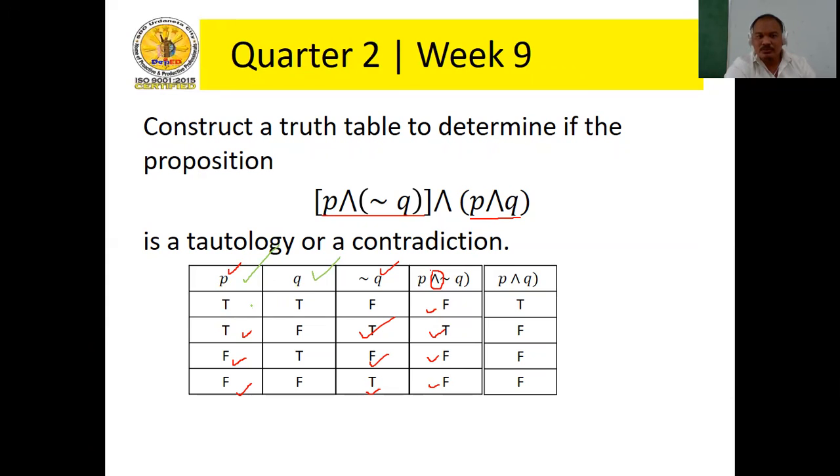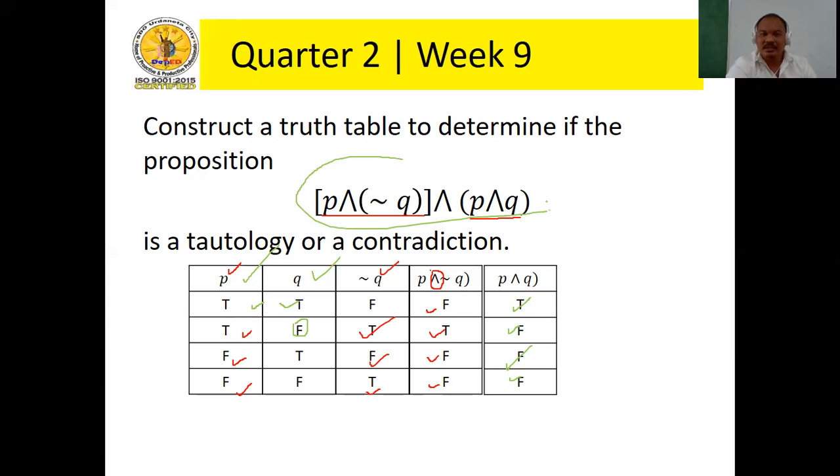Both of them are true, so true, true: conjunction says this is true. We have the presence of false, true, false, so this becomes false. Then false, true, and the operation is conjunction, therefore this will be false. Then both of them are false, so this will be false. Then we are going to combine these operations.